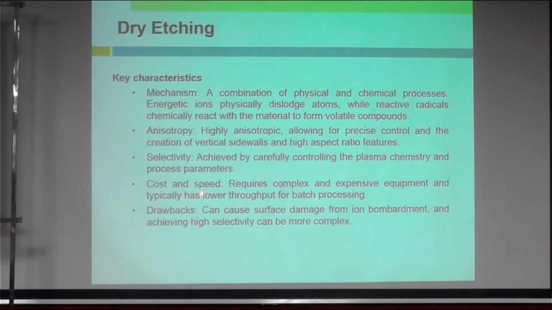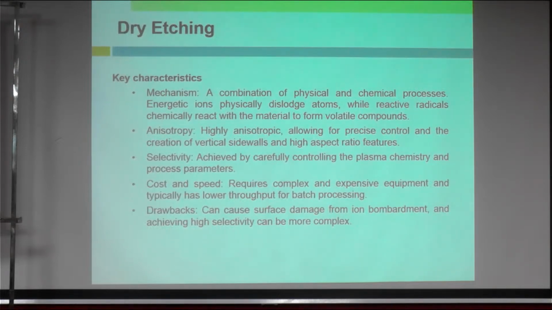Cost and speed: it requires complex and expensive equipment and typically has lower throughput for batch processing. And the drawbacks: it can cause surface damage from ion bombardment, and achieving high selectivity can be more complex.